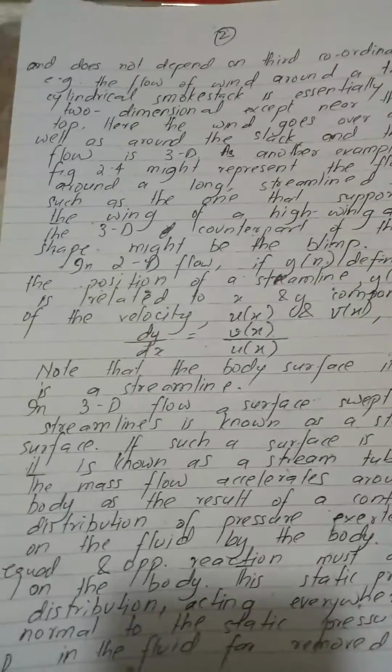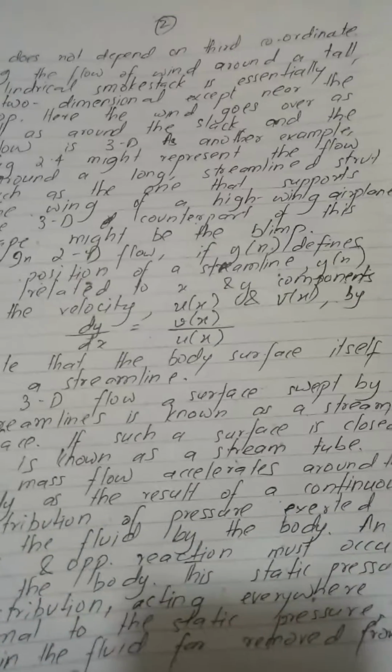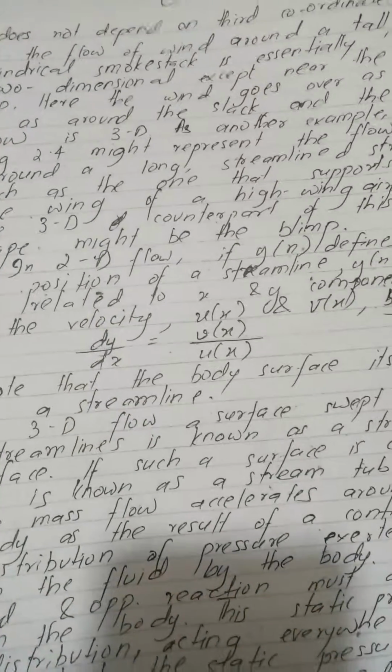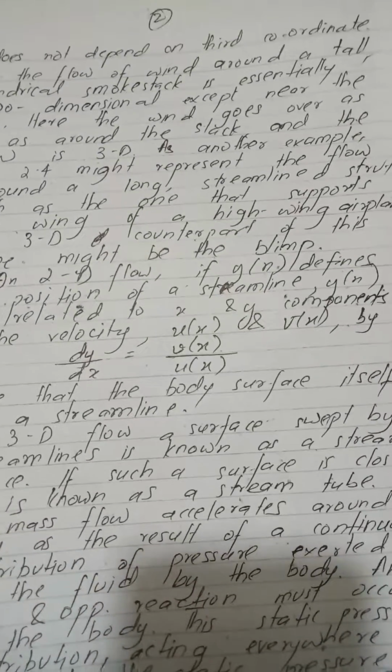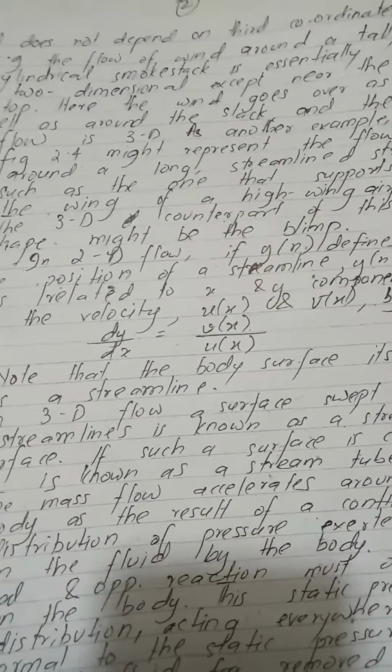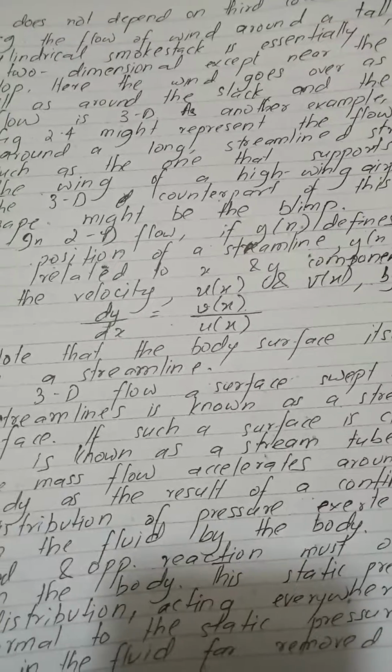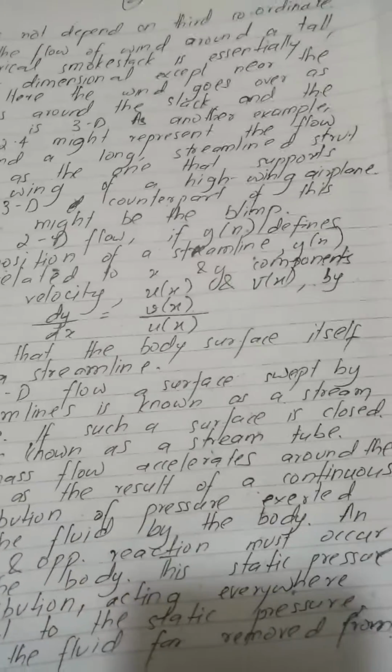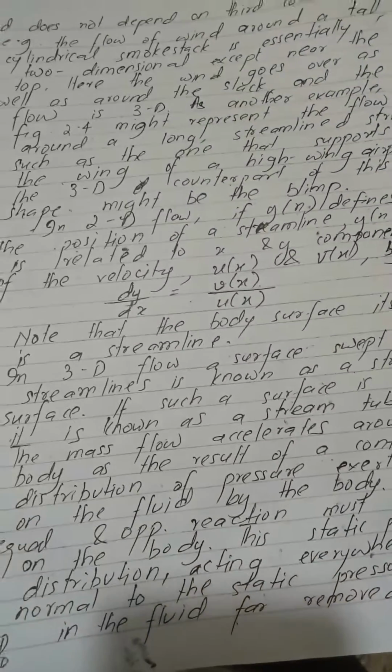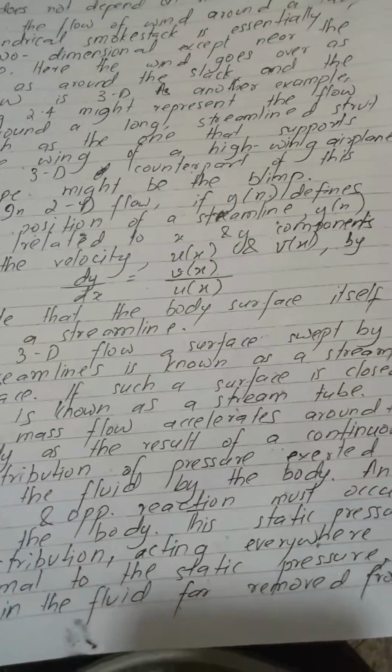Here the wind goes over as well as around the stack, and the flow is 3D. As another example, figure 2.4 might represent the flow around a long streamlined strut, such as the one that supports the wing of a high-wing airplane. The 3D counterpart of this shape might be the blimp.